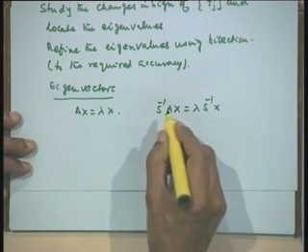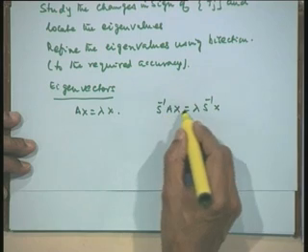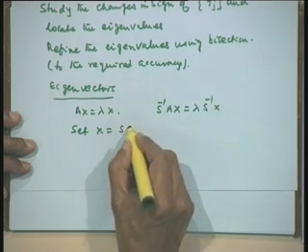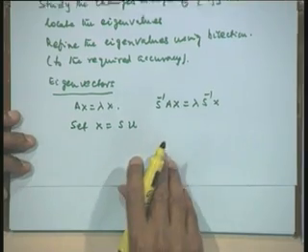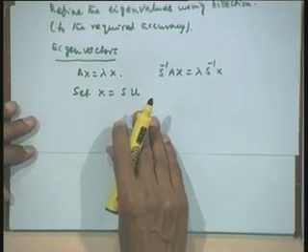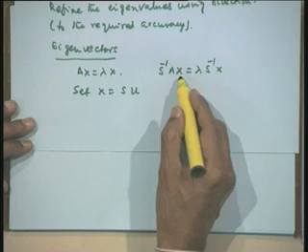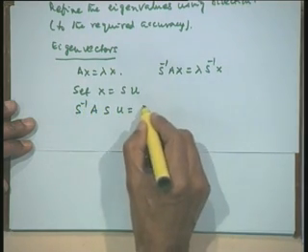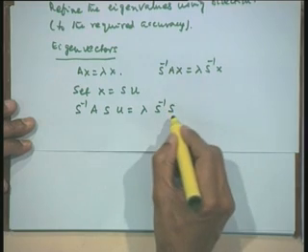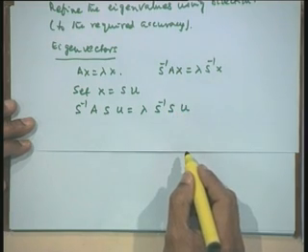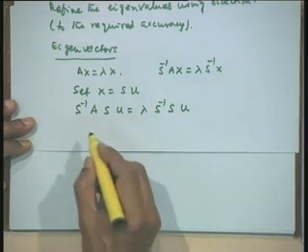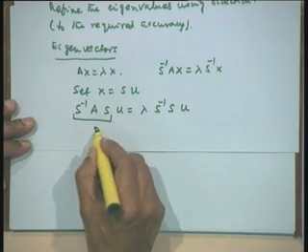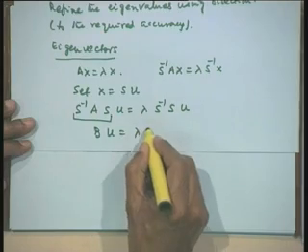Now, in order to bring your similarity transformation S inverse AS, I will now set x is equal to S into u. Then this will read S inverse A S u is lambda S inverse S of u. The left hand side is what we have finally obtained, B, that is B of u is lambda of u.